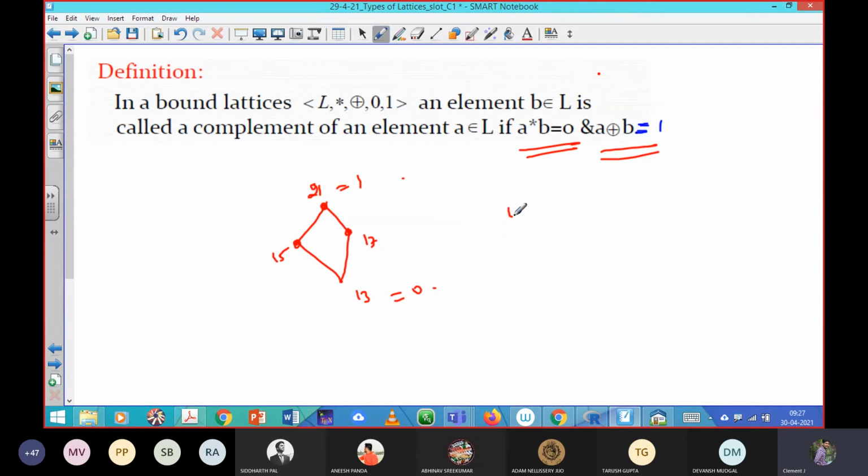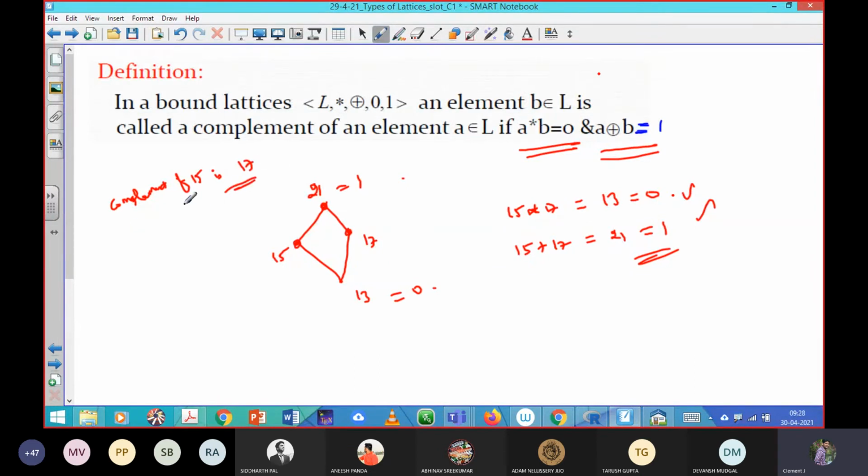So here I can pick 15. To find the complement element of 15, what will it be? 17. Simple, very simple. 15 star 17, you will get 13, that is our 0. Next, 15 plus 17, you will get 21, that is our 1. So it satisfies the complement condition. So the complement of 15 is 17.